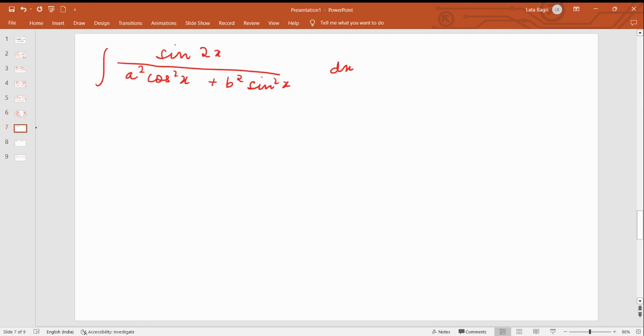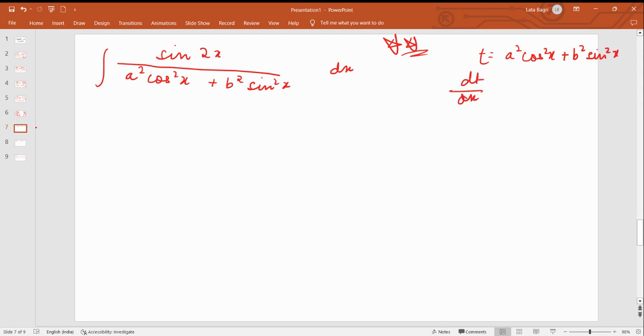Next is this question. So, this is actually a very interesting question, it's very important also. Okay, here, as I told you, if any complicated sum comes, always replace the denominator with t. So t is equal to a square cos square x plus b square sine square x. Now dt by dx becomes what?